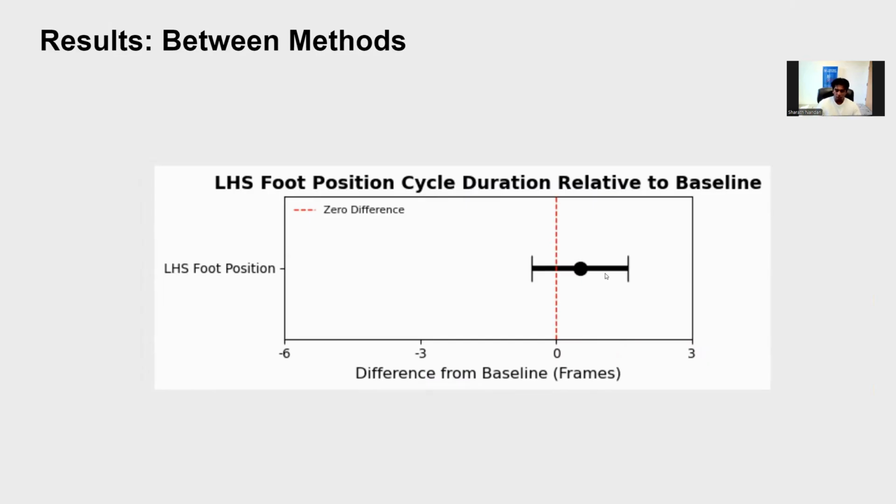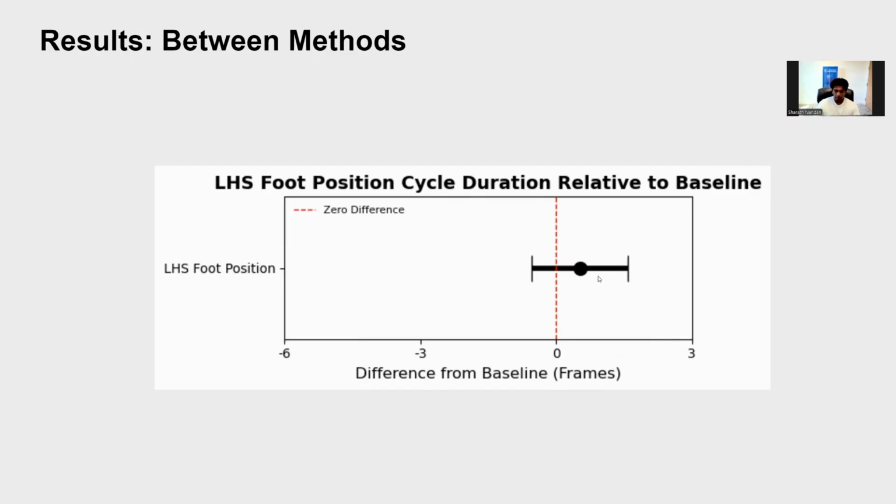If a method's point or confidence interval overlaps with this zero baseline, which is happening here, we say that there is no significant statistical difference between them, and the method is reliable and produces cycles of similar length to the gold standard. So as you can see, these are seconds removed from the average zero difference, and these are seconds added. So if the method produces consistently longer durations, it would be in this area, and shorter would be here.